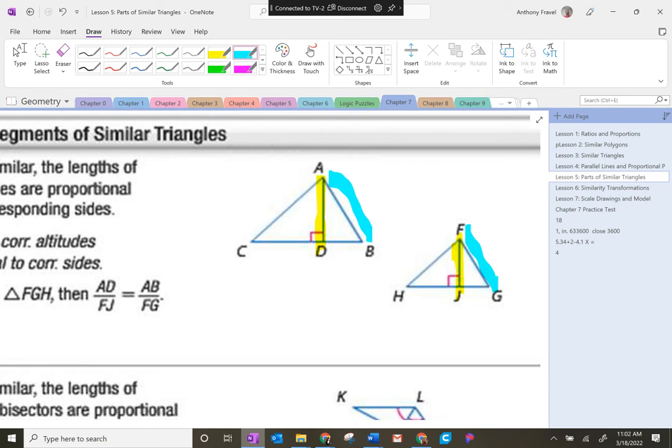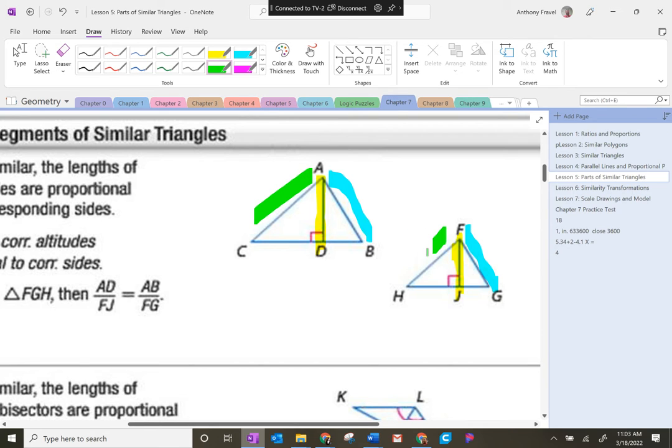Up until this point, we had compared just the outsides of the triangles to the outsides of the triangles. Now we're getting one extra line that's going to cut down through the center of the triangle. And if it follows one of 3 specific rules, we can also use that line to help find proportions. So again, if I have a 90-degree angle to the vertex, that'll let me know.